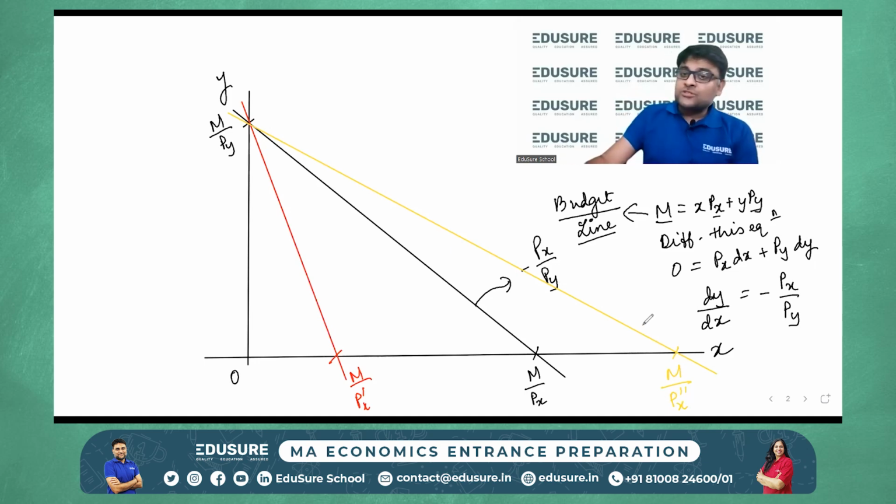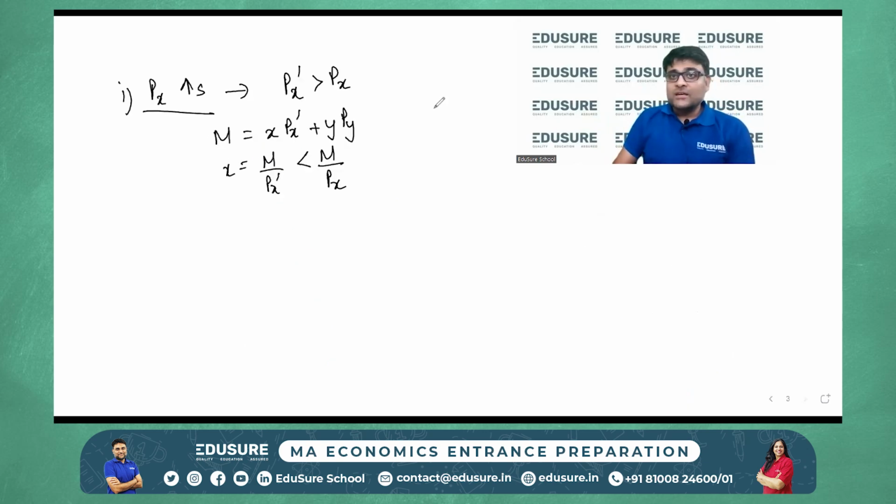Okay, this is what happens to my budget line due to changes in price. This is about changes in prices. Okay, change in px. If my price increases, this is what will happen. Similarly, if my price decreases, you'll get that m by px double dash is greater than m by px.